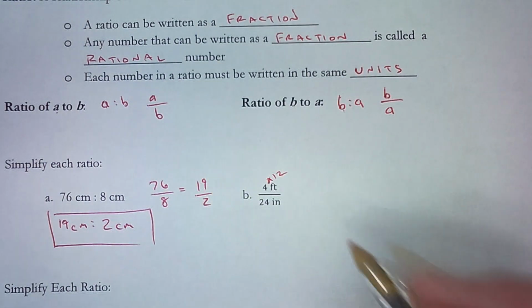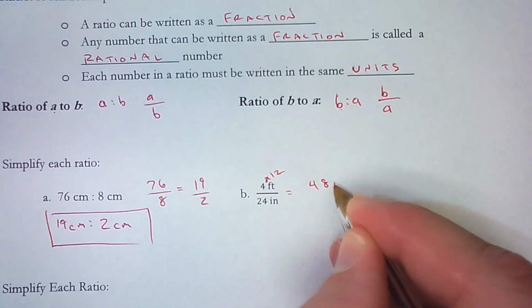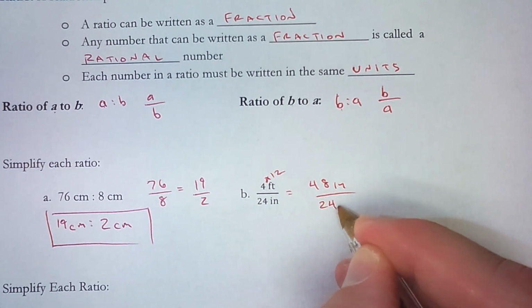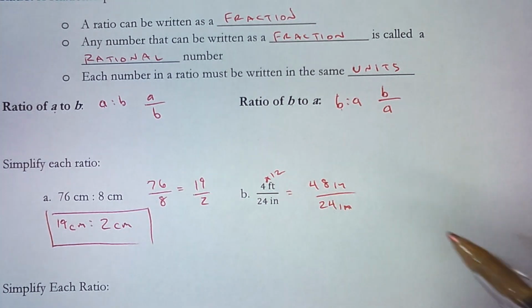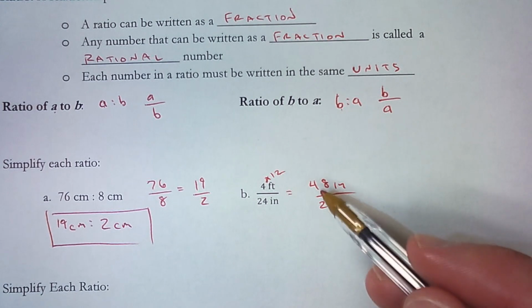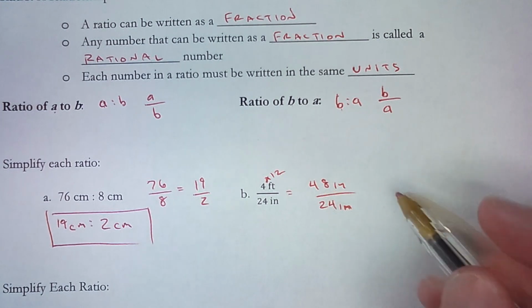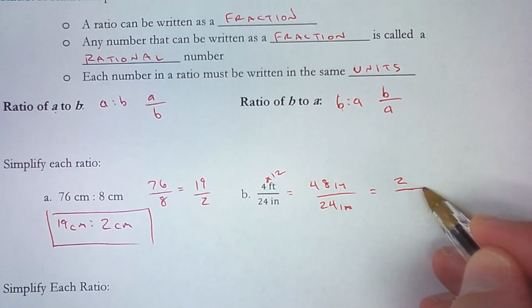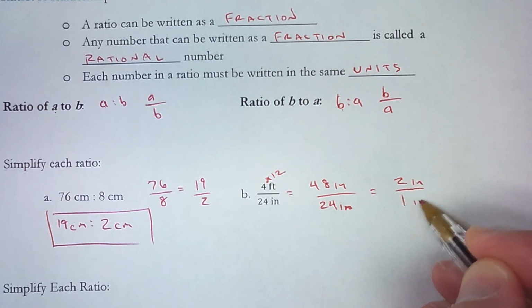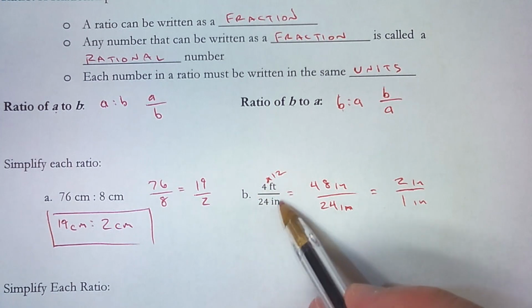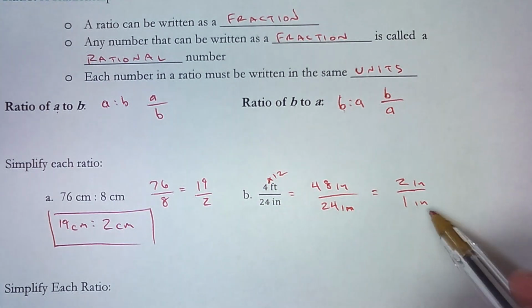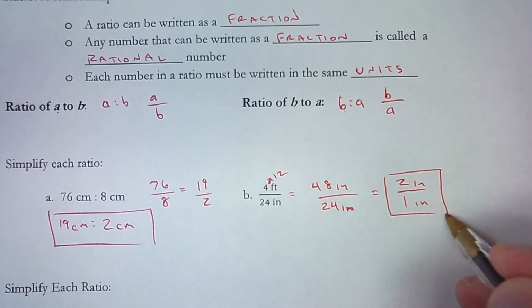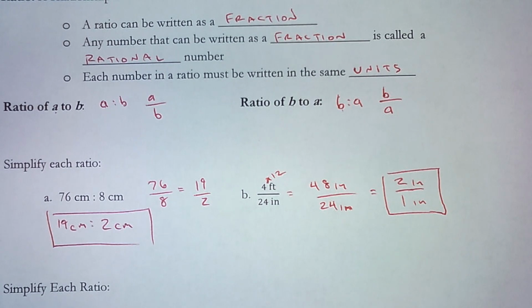So I can change that to 48 inches over 24 inches. Now, we can use the calculator to simplify this if we want to, but 48 over 24 is 2 over 1. So it's 2 inches over 1 inch. And this one started in the form of a fraction, I will end it in the form of a fraction, so this is my final simplified ratio.